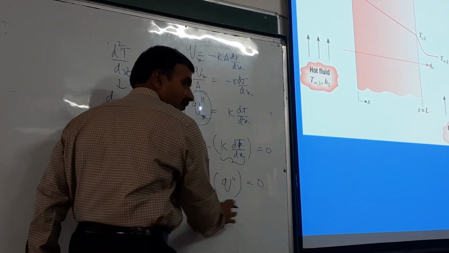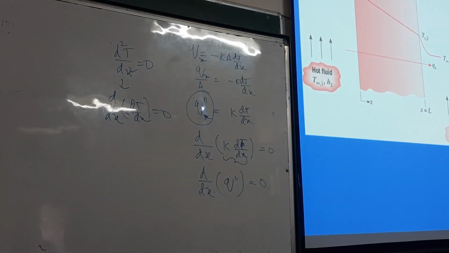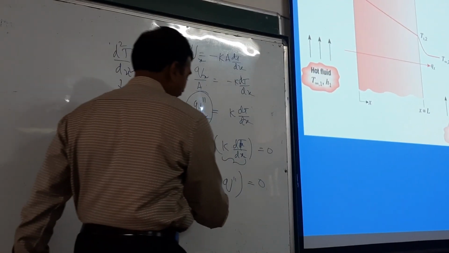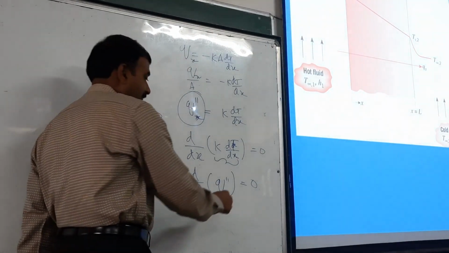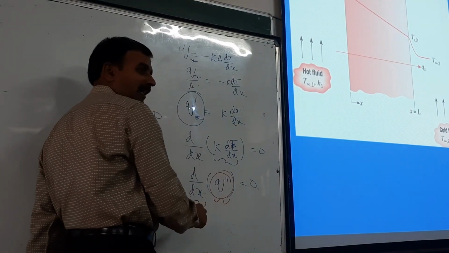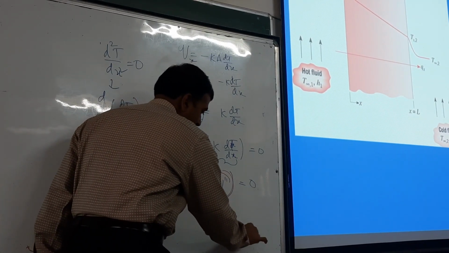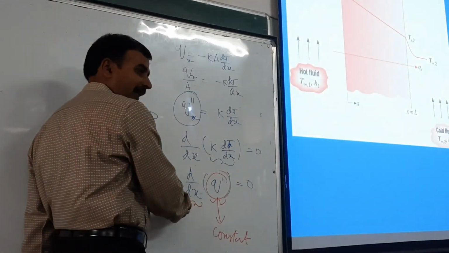So when is this possible? Only when this q double prime is constant. d by dx of something can be 0 when this something is constant. If it is a variable, you have to differentiate it with respect to x.